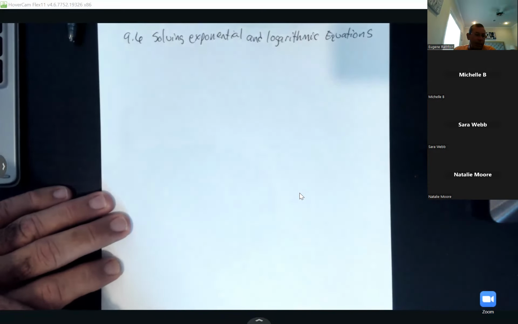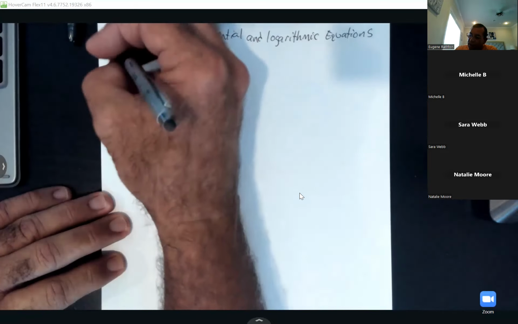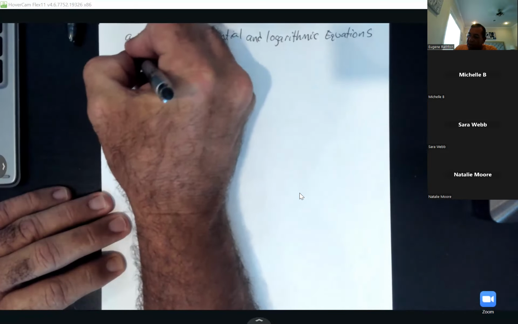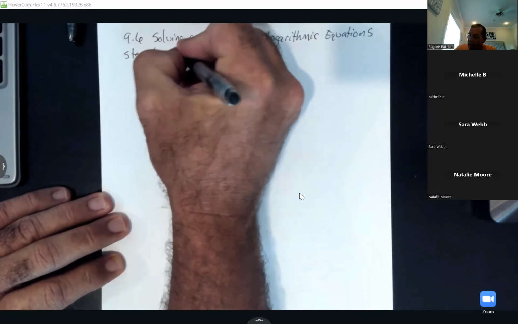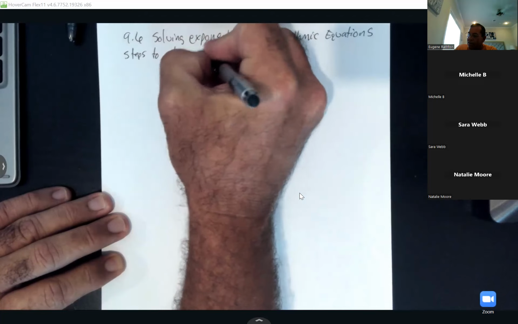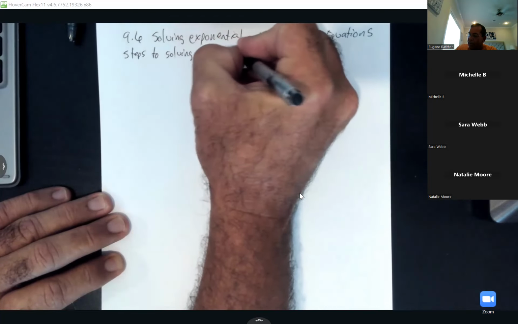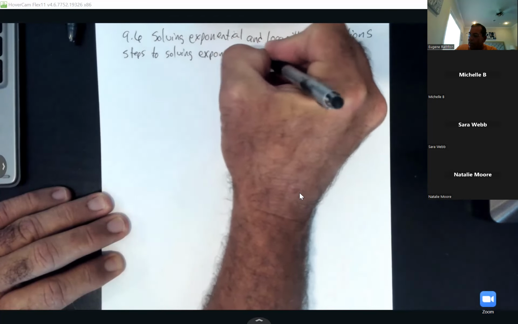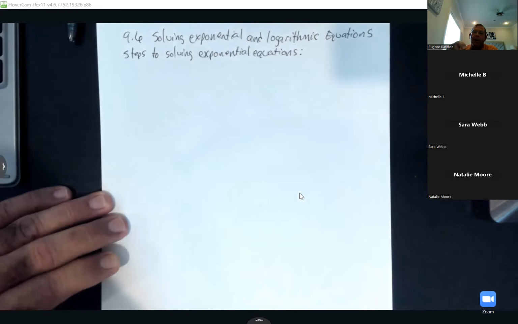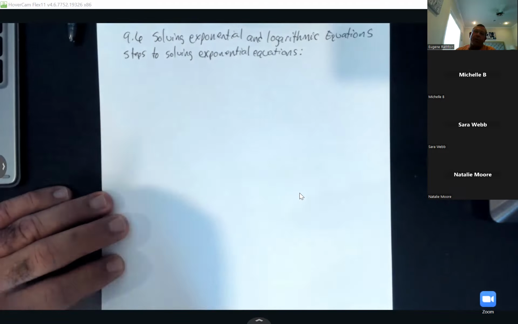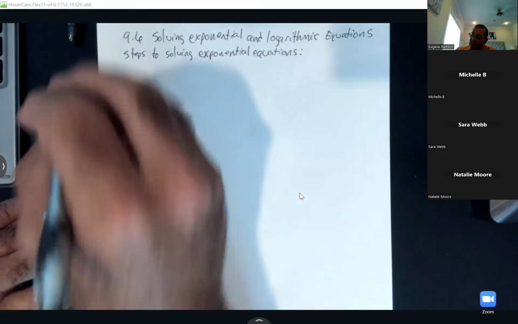The first half of this is solving exponential equations. So we're going to put our steps to solving exponential equations. And then later on, we'll come in and we'll put our steps for the logarithmic, okay?